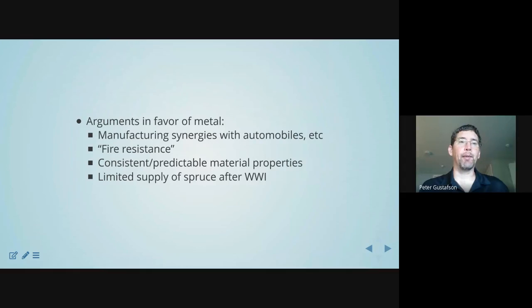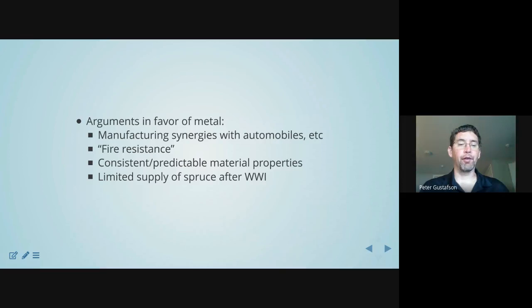Wood, being a natural fiber, has a fairly large variation in its stiffness and strength, perhaps most importantly in its strength, whereas metallic materials have much more predictable properties. If you go into the laboratory and test the strength of an aluminum alloy, you're likely to get a very similar strength from batch to batch, from manufacturing facility to manufacturing facility, so long as you're using truly the same alloy.